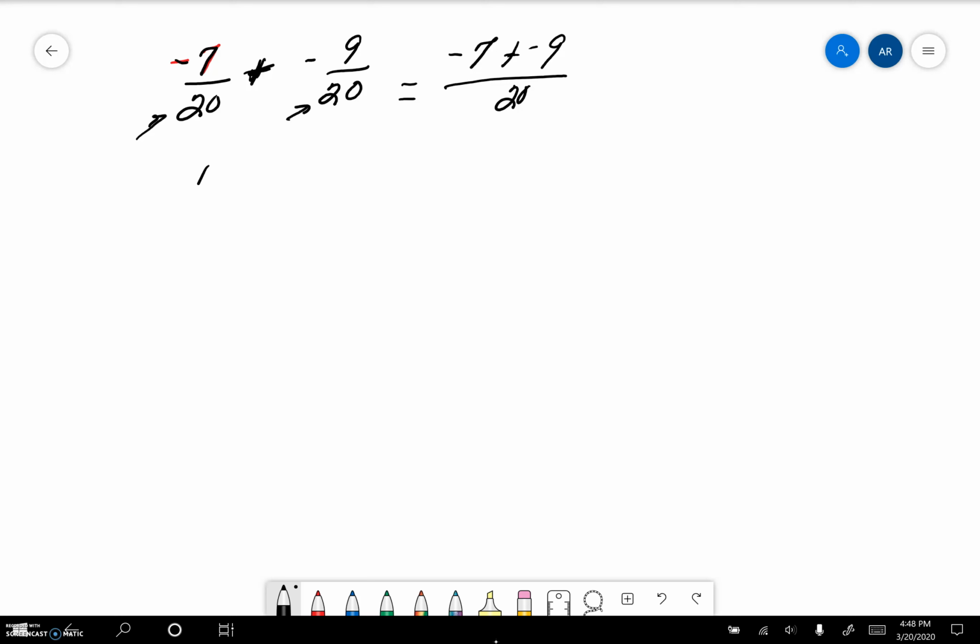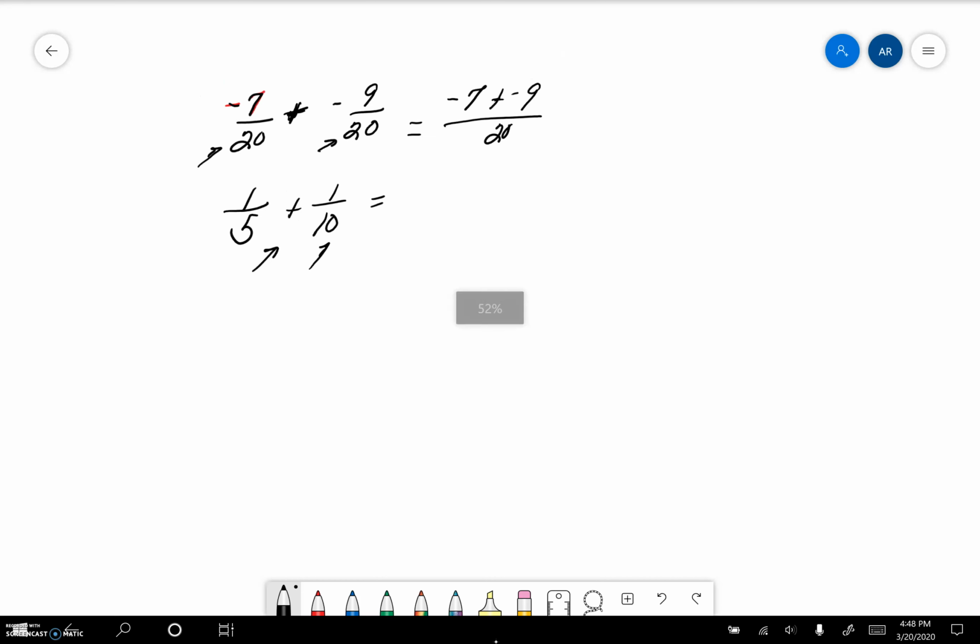But when we had anything we added or subtracted that did not have the same denominator, we had to go through the process of finding our lowest common denominator. Then we had to come up with our equivalents. And once we had that, we went ahead and performed the operation, whether it be addition or subtraction. So that's the difference between multiplying, dividing, adding, and subtracting fractions.